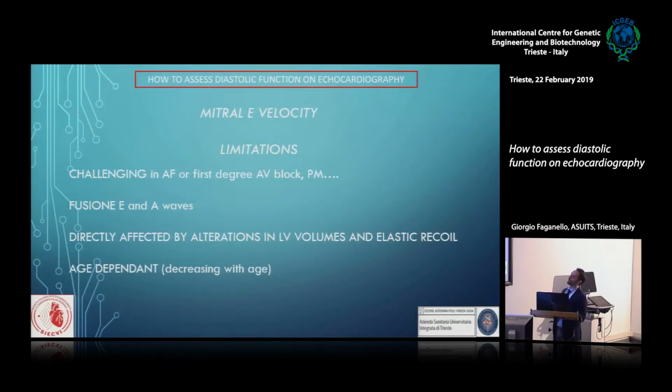It is also age dependent, and if there's anything that damages the LV cavity, the cardiac muscle, MI, myocarditis, and so on, the elastic recoil, which facilitates all these flows, is damaged, is abnormal.